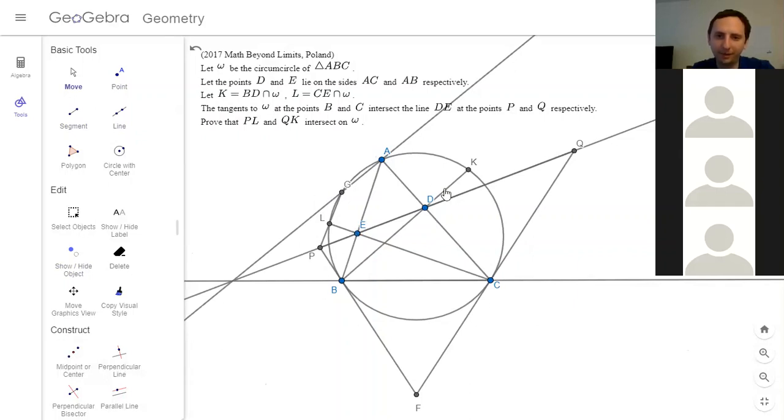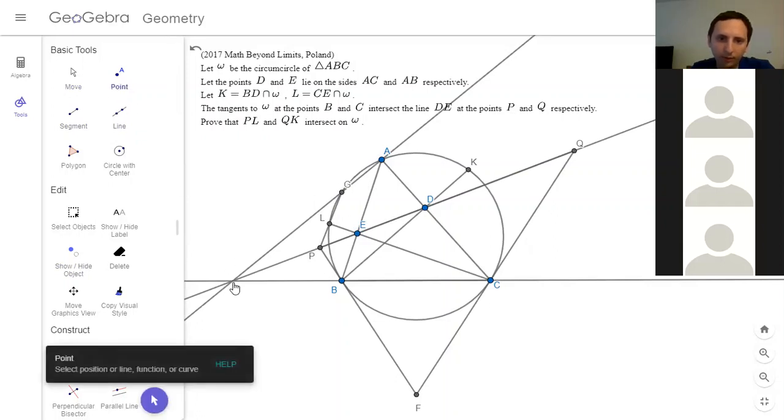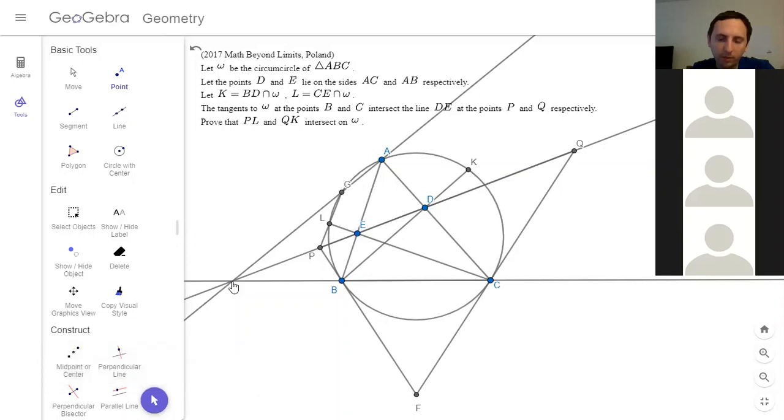Yeah, it's like the same idea. Well, first, AG and BC, GL and BB, and AB and CL.